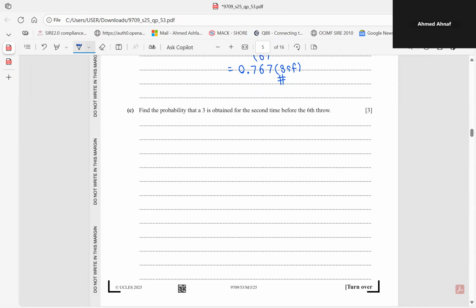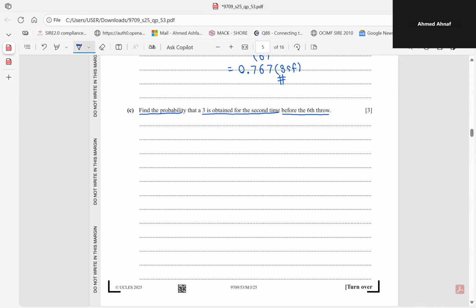Okay, so for this final part, we have to find the probability that 3 is obtained for the second time before the 6th throw. In order to get 3 for the second time, the least number of throws you have to do is 2, and the most you can do is 5.